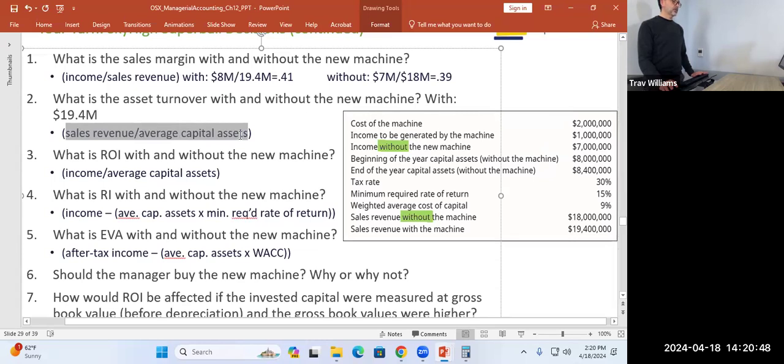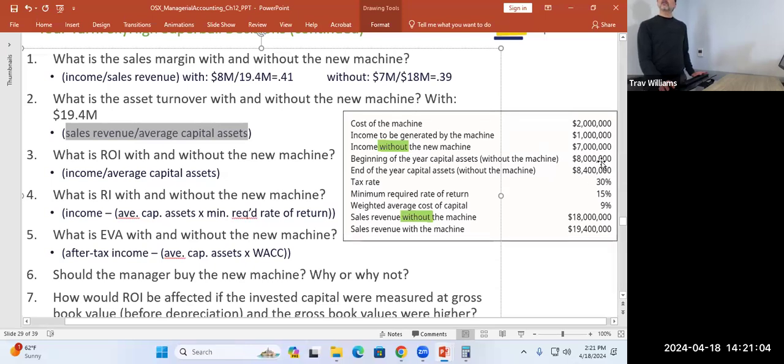And so we're saying with the machine, what are the average capital assets? Here it says beginning of the year capital assets without the machine is 8 million. And then end of the year without the machine is 8.4 million.